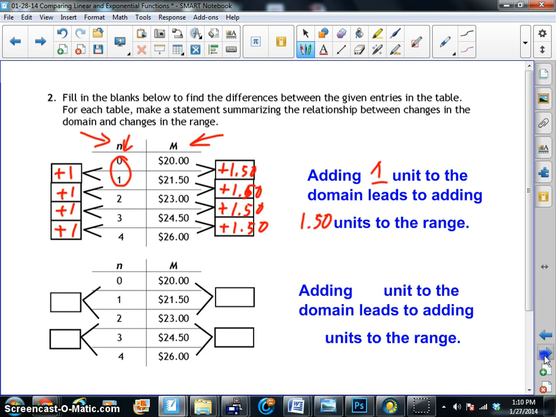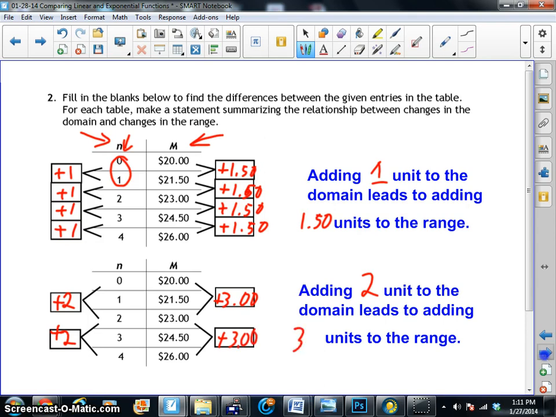Incidentally, if we change this a little bit and add 2 to the domain, in other words, we change from 0 down to 2 each time, what happens to our range? As we add 2 to the domain, our range changes by 3. We're adding 3 units.